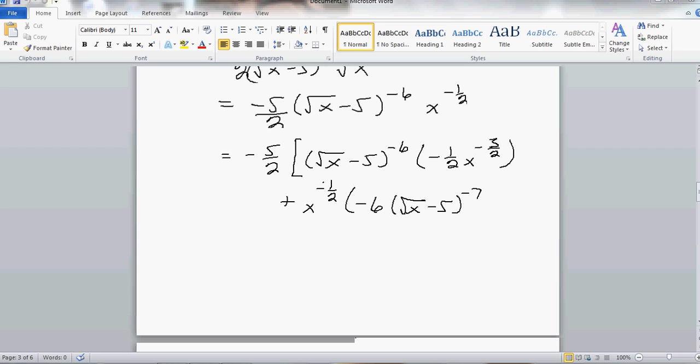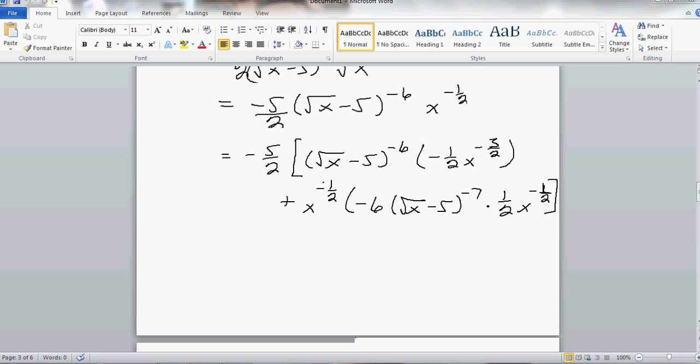And then we have to take the derivative of this inside. Well, the derivative of the inside we have already determined to be 1/2 times x raised to the -1/2 power. That was from the previous derivative.